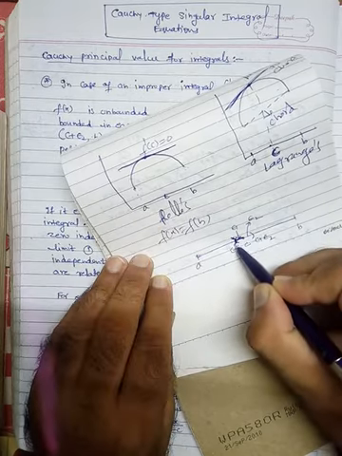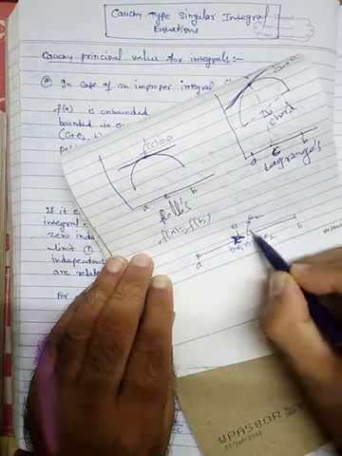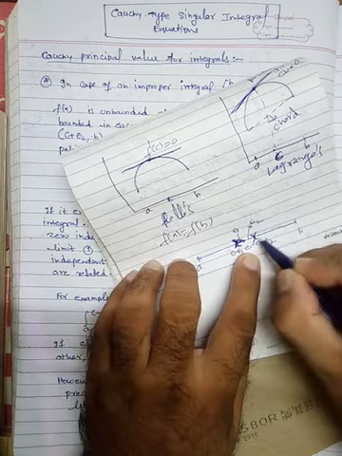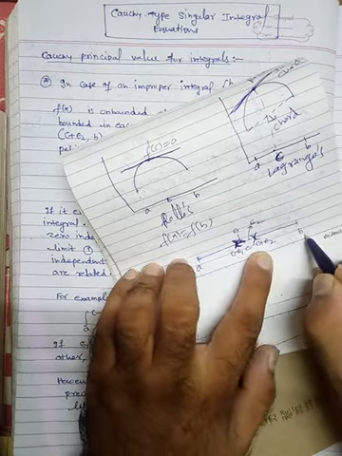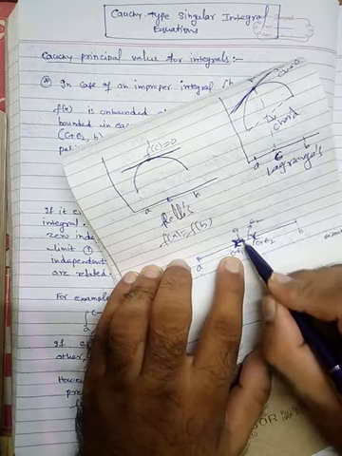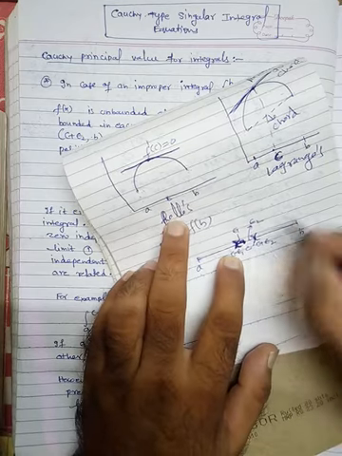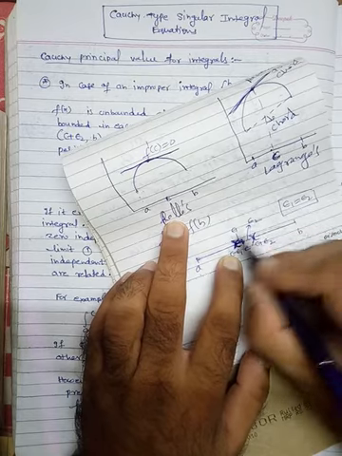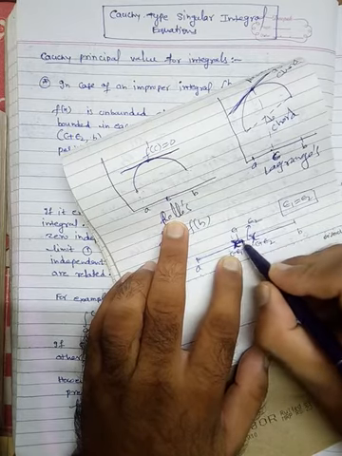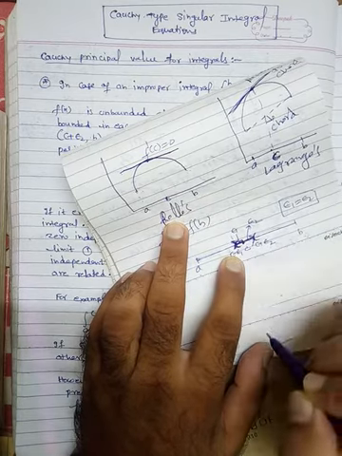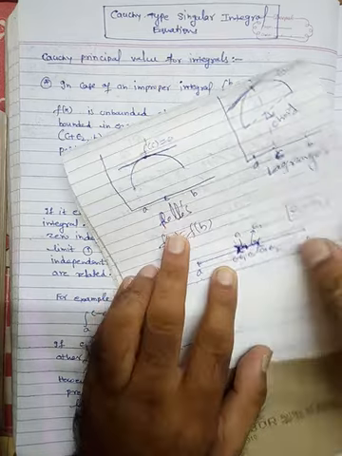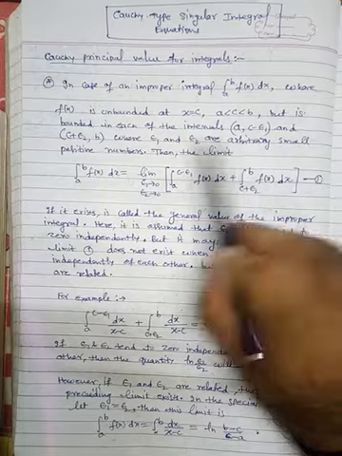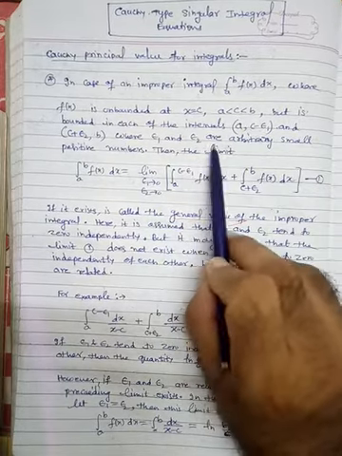We are removing this neighborhood, so we take a to c minus epsilon 1, and from c plus epsilon 2 to b. This is not symmetric, but may be taken as symmetric, where epsilon 1 equals epsilon 2. Here we are taking different radii, epsilon 1 and epsilon 2, both different.